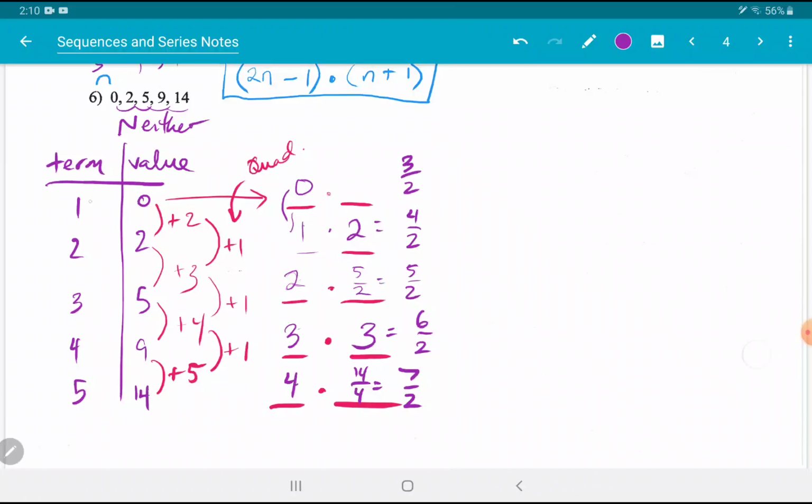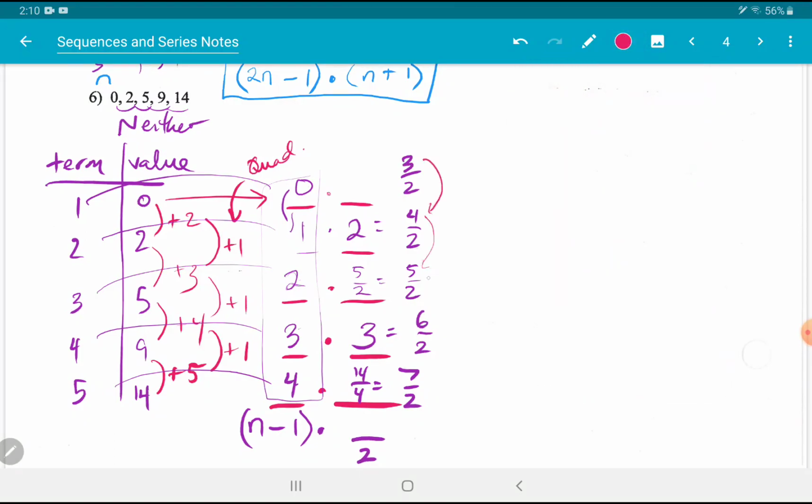How do we get that from the term numbers? Notice how it's always the term number, and then it's basically minus 1, right? So we're going to take the term number n, and then subtract 1 from it. That'll give us our first column right here. Times, let's see what we got over here. Notice how everything always has over 2, over 2, over 2. I'm going to put this as over 2. And then take a look at that pattern going from 3 to 4, 4 to 5, 5 to 6, 6 to 7.